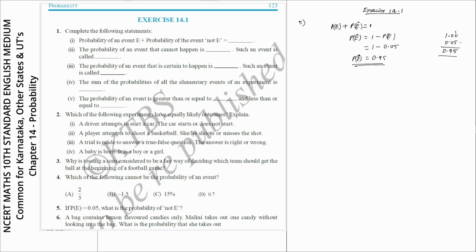Probability of not E is 0.95. Exercise 14.1, question number 6. A bag contains lemon flavored candies only. Malini takes out one candy without looking into the bag. What is the probability that she takes out an orange flavored candy?